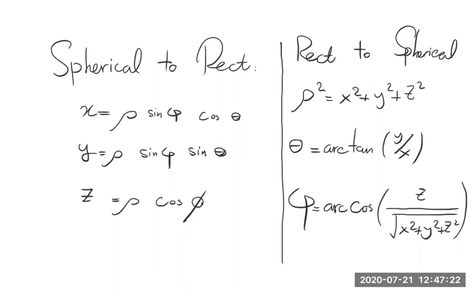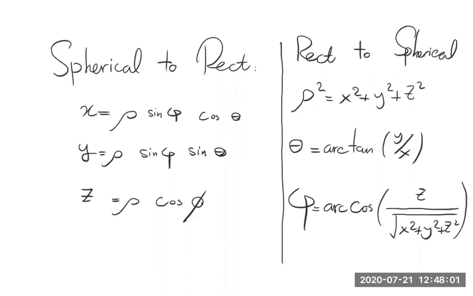So these are the ways one can go between spherical and rectangular coordinates. To be honest, I don't memorize these things. I derive these relations each time using a little bit of geometry and trigonometry. But for you, especially for the exam, it would make more sense if you memorize them. Well, it's your decision. It's a good practice to see if you can derive these equations by yourself or not.